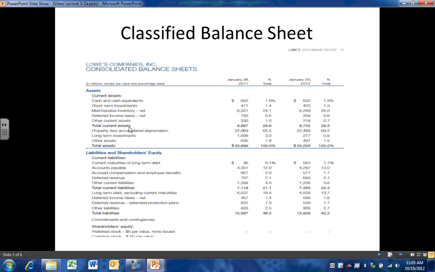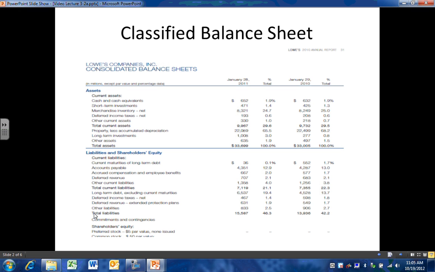As you can see on the classified balance sheet, we group current assets and we provide the total current assets along with another element that is a subtotal, and that is our total assets. We also group our current liabilities and provide a subtotal for them.